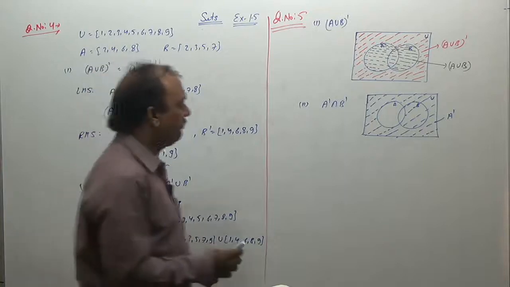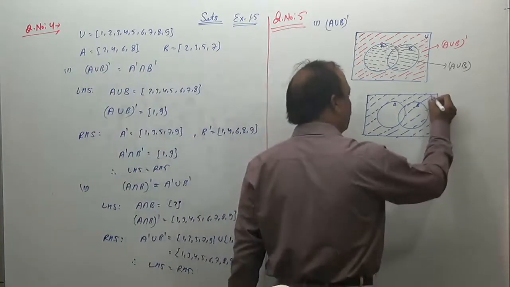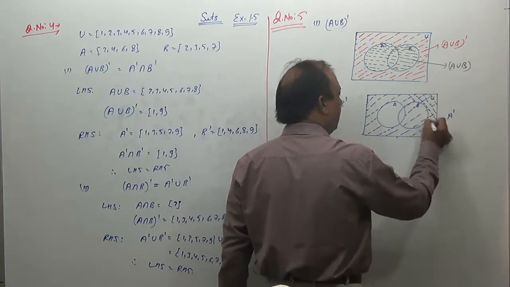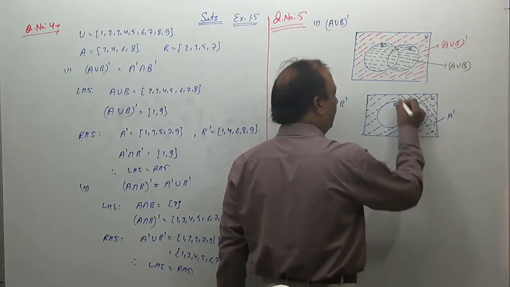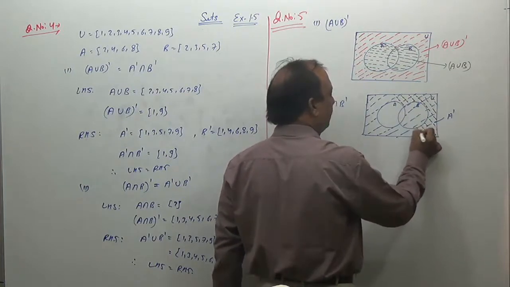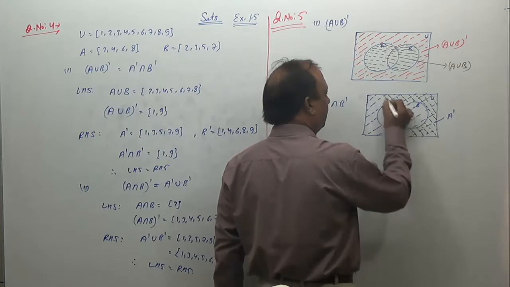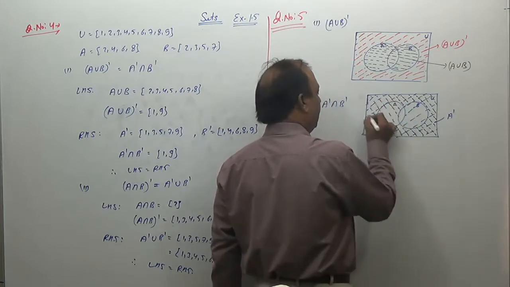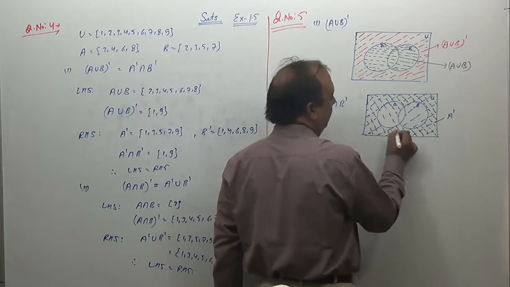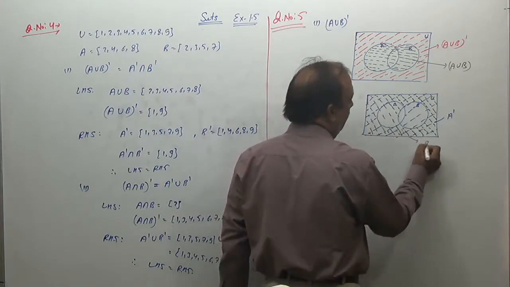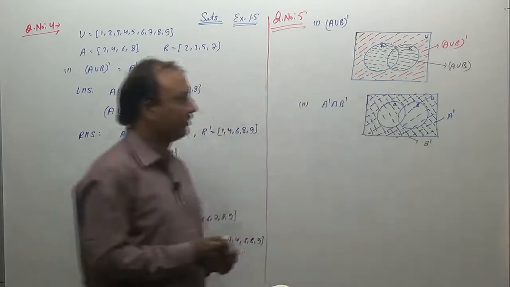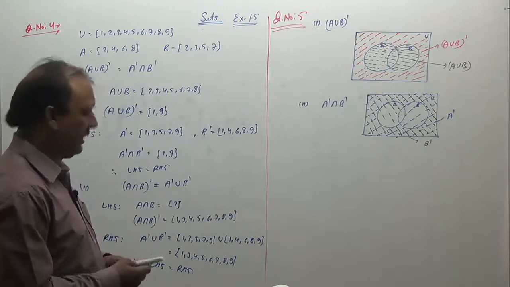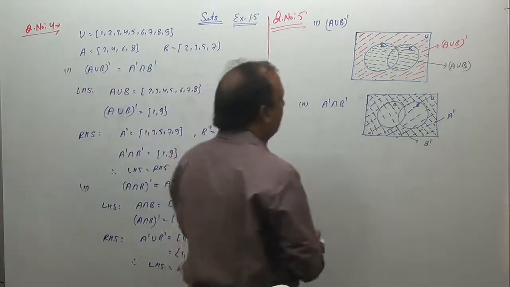And what is B complement? B को छोड़ दें, except the B set is the complement of set B. So that is, this one is a region which contains the black shaded portion. This one is called B complement. So what is the intersection? A complement intersection B complement. What is the common?